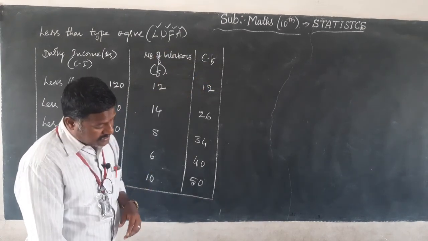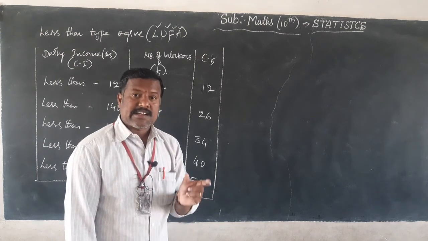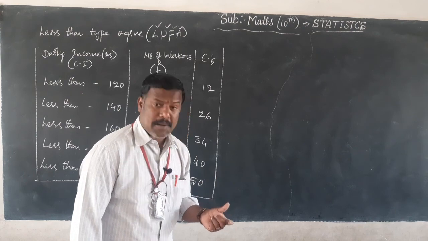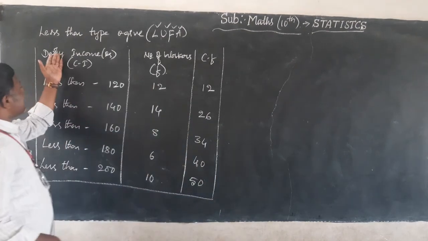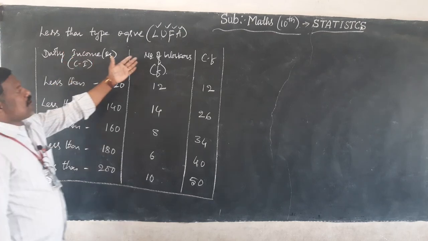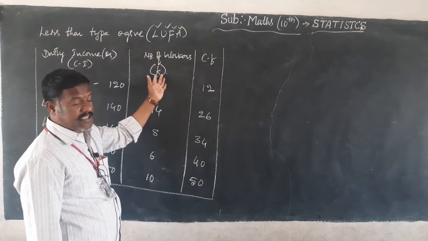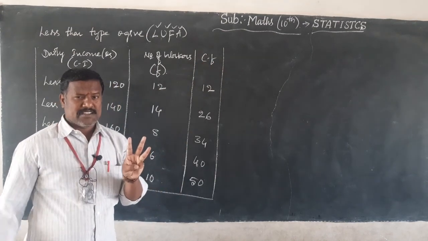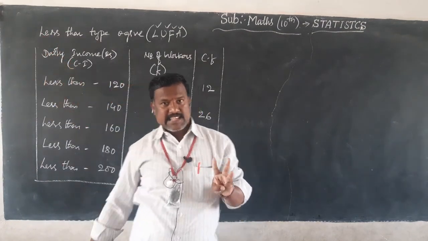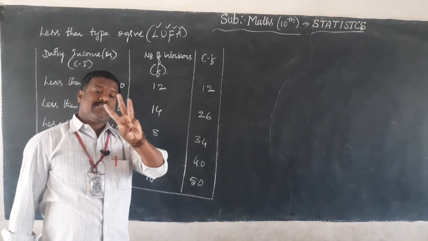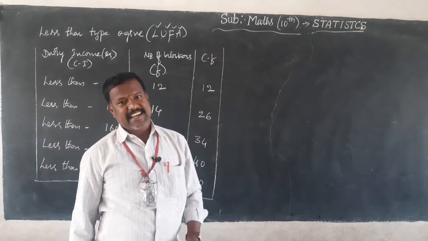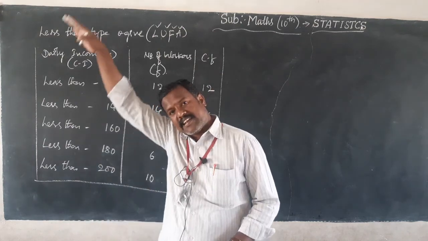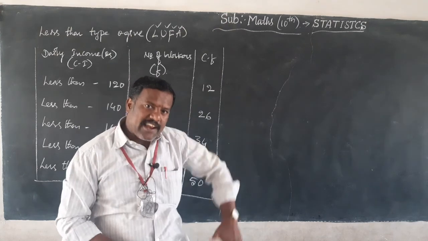If they give weight, production yield or daily income instead, you should take that. Number of workers we call frequency.